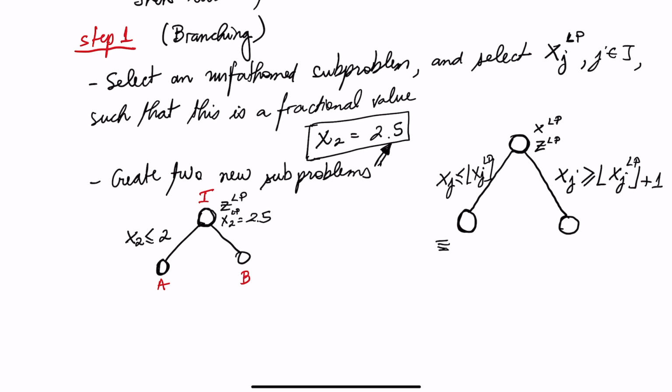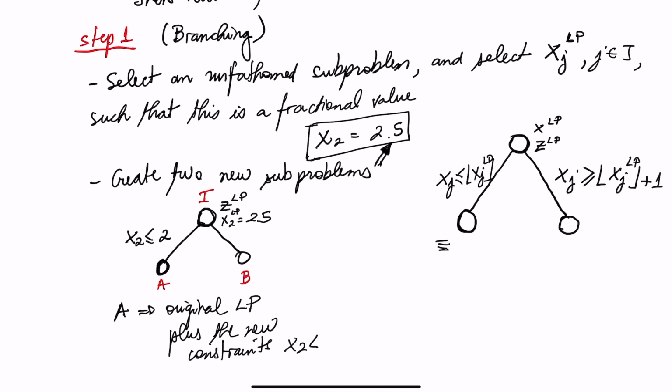That's basically 2, right? So this model A here will be the original LP plus the new constraint x2 less than or equal to 2, right?